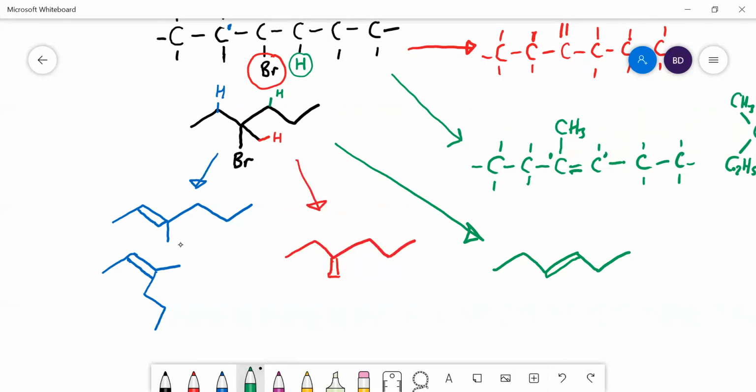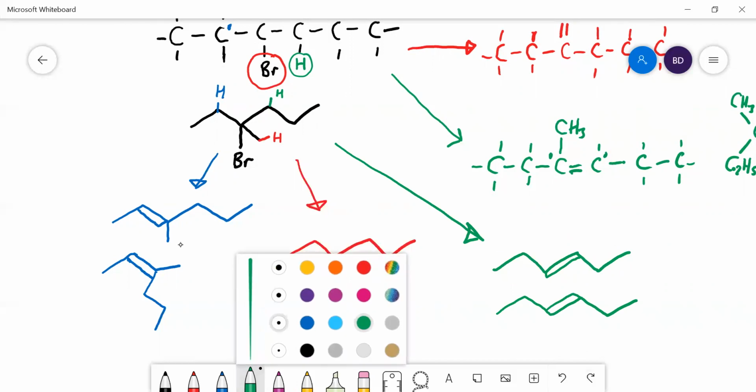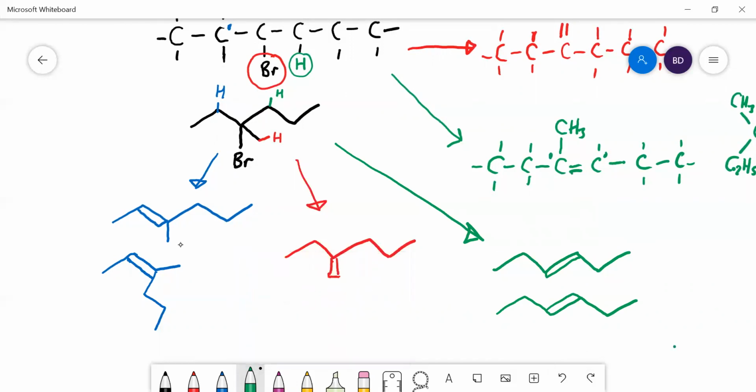So I need to draw the opposite arrangement around that double bond, which I haven't done. Where's my double bond? I'm going to rub that out, and I need to do, what do you think? Right, I need to move it down a little bit, don't I? I need to move it down a bit because I'm going to run out of room.